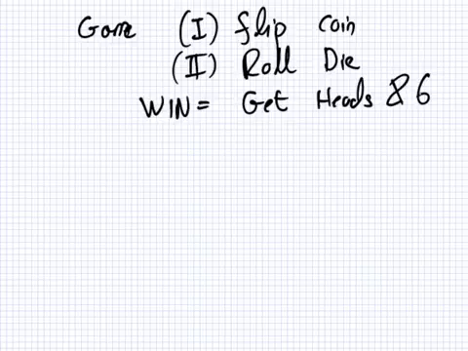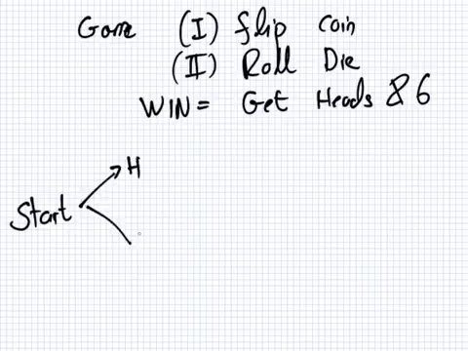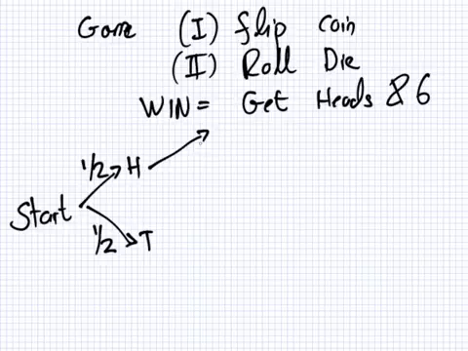So for this question, let's draw the probability tree. So we start here. First we flip the coin, and there's 2 possibilities here. We can get heads, or we can get tails. And this is a 1 over 2, and this here is a 1 over 2. Now, if we get the heads, we then roll the die, and there's 2 possibilities here.